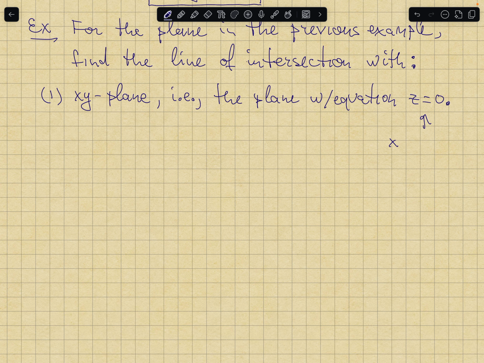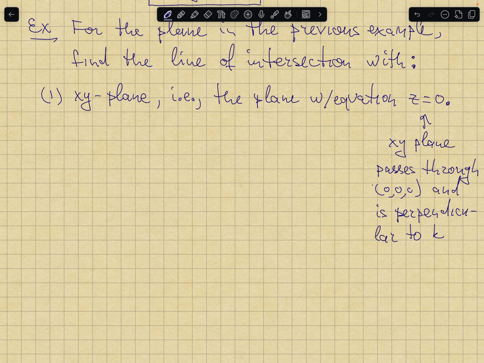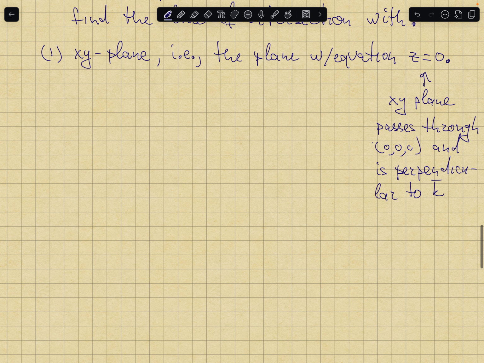The xy plane passes through the origin, 0, 0, 0, and is perpendicular to k, a unit vector along the z-axis with components 0, 0, 1.